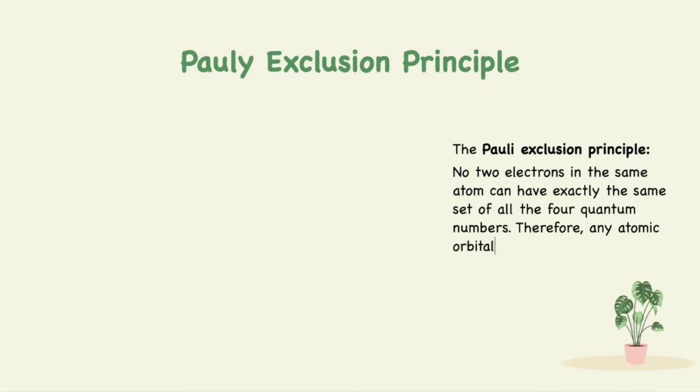Therefore, any atomic orbital has a maximum of only 2 electrons, because there is only spin up and spin down, so every orbital can only contain 2 electrons, one spin up and one spin down.